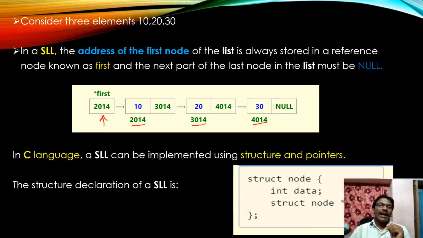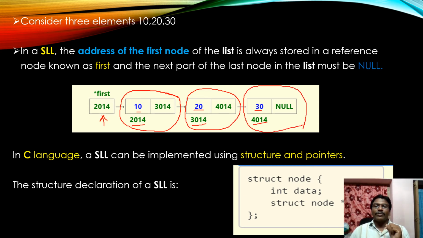So the actual values are 10, 20, and 30. This is the node, and this node's address is 2014. This node's address is 3014. This node's address is 4014. They allocate memory in different areas.